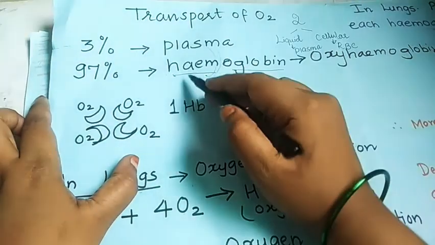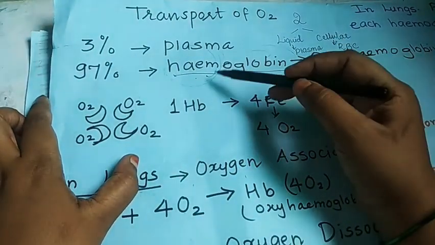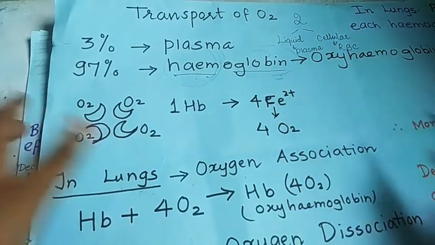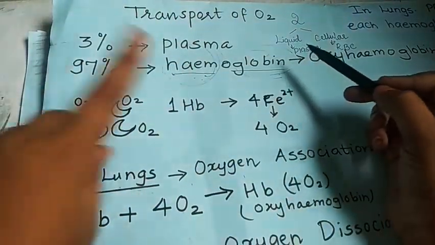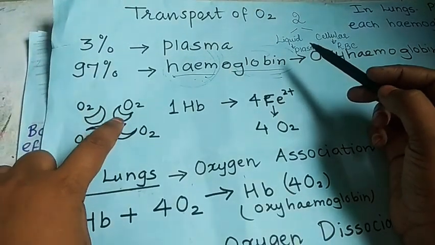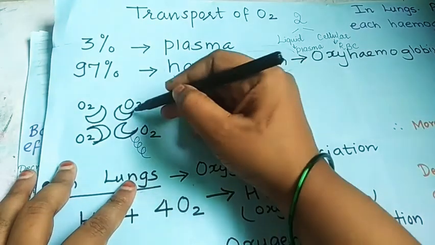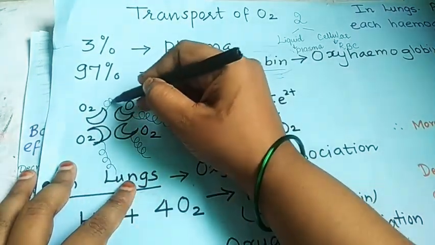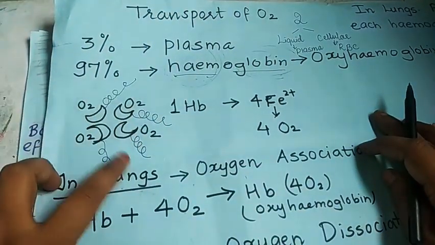Let's see the structure of hemoglobin. Hemoglobin is made up of two things. First thing is heme, second thing is globin. Heme is nothing but an iron containing compound, and globin is your protein chain. Each hemoglobin is having 4 iron containing compounds attached with 4 globin chains.